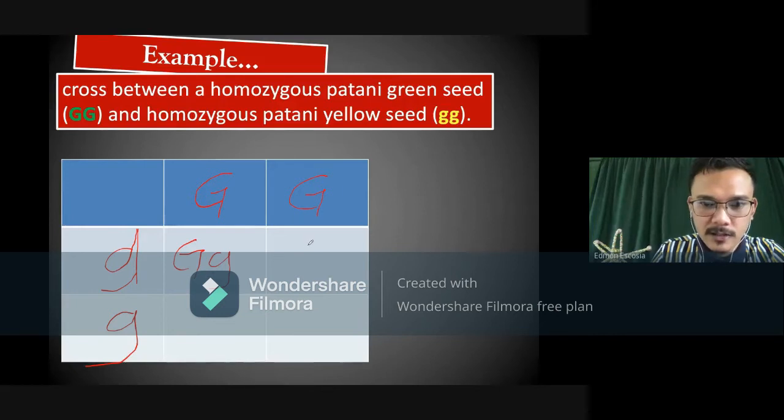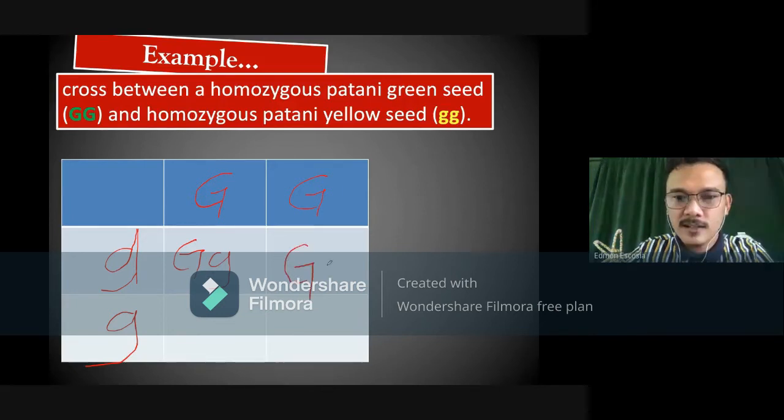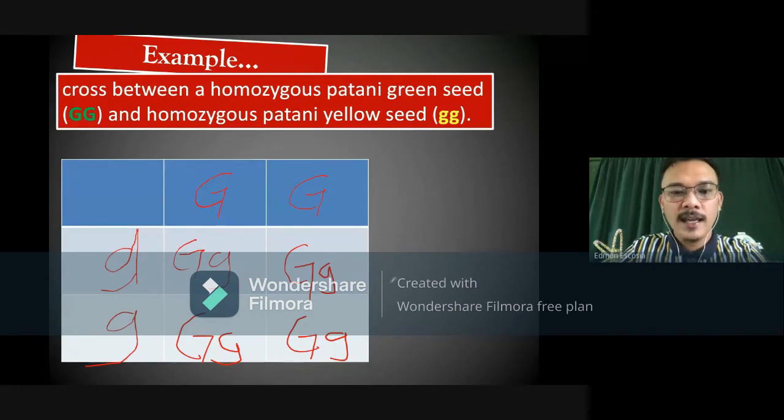Also, for this cross, big G, small g. For this cross, big G, small g. And finally, big G and small g. Okay? In getting the genotype, you are simply going to look for uniform genotypes inside the 4 boxes. The 4 boxes are the offspring.